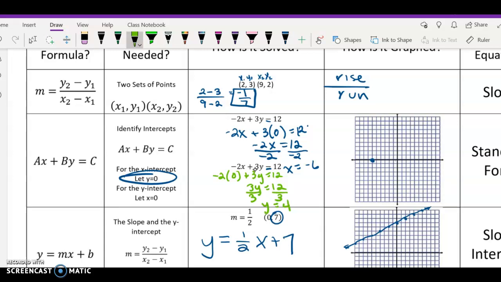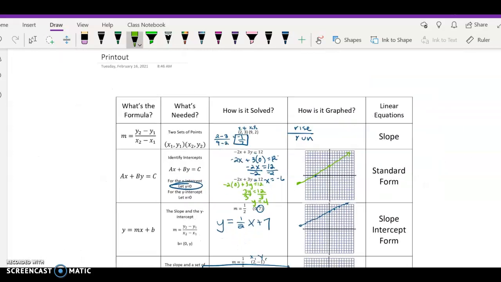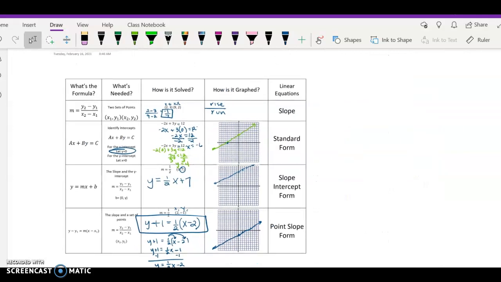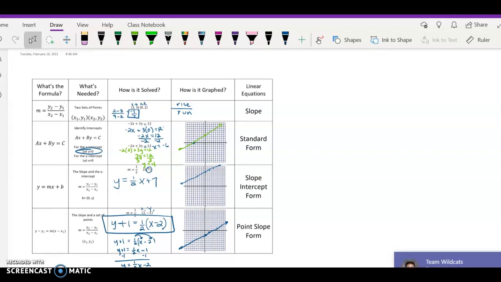So then I'm going to go 1, 2, 3, 4 on my y-axis, and then I just connect those 2 points. And there is my standard form graph. So that's everything that we've learned so far in chapter 13.